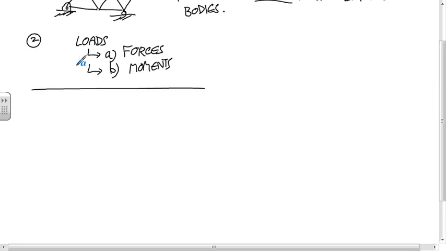Then there are still people who, when you know a force direction, are writing the variable associated with this as if it was a vector.